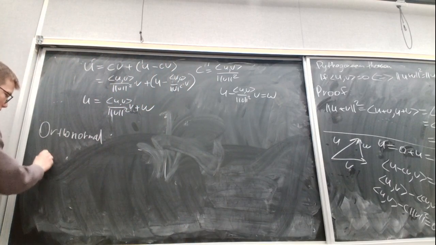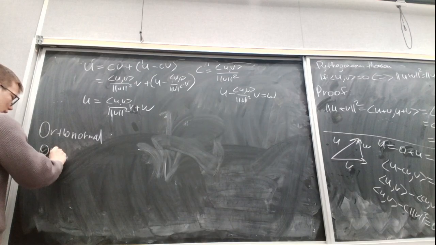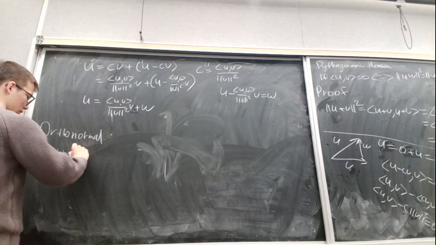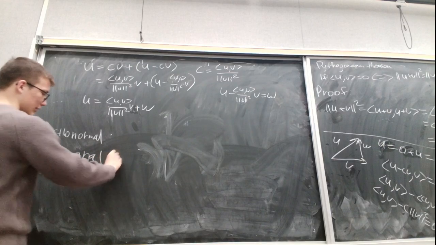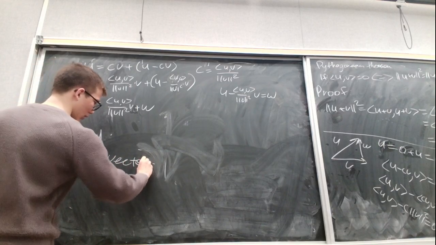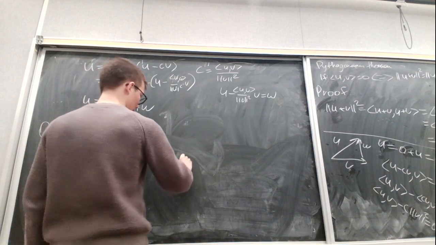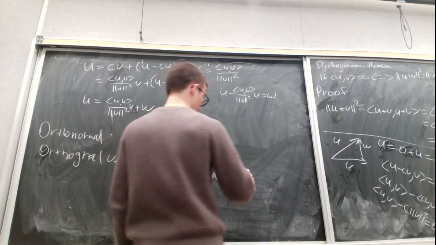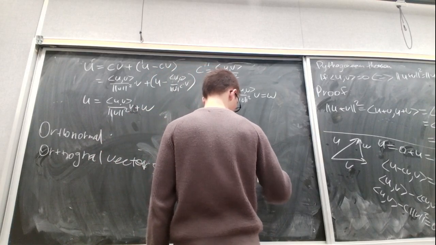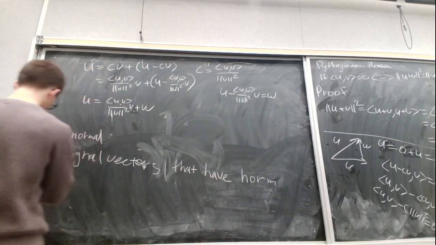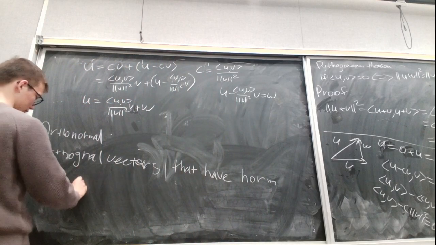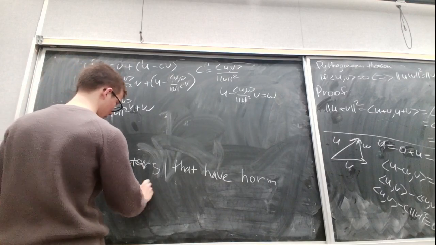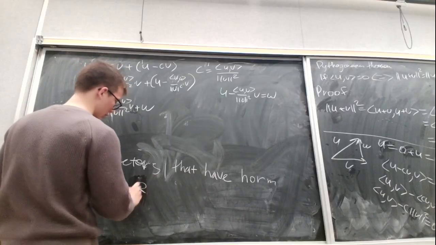This is basically those orthogonal vectors that have norm equal to 0. That's it, and they're denoted as E.